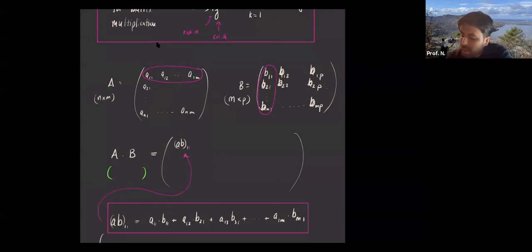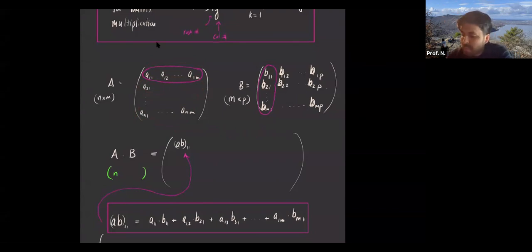So I'm doing this operation, and how many times am I doing this? I'm doing this the number of rows that I have in A times. So my new matrix would have n rows of this. And then how many columns am I going to have?